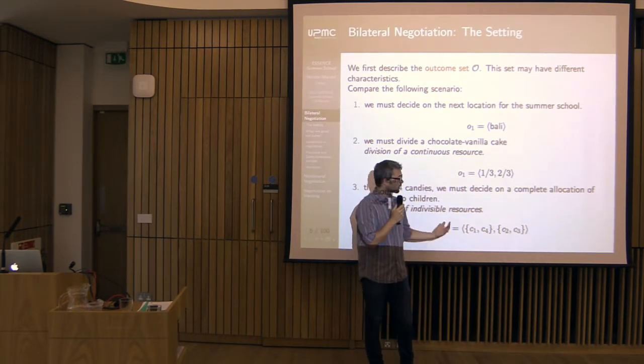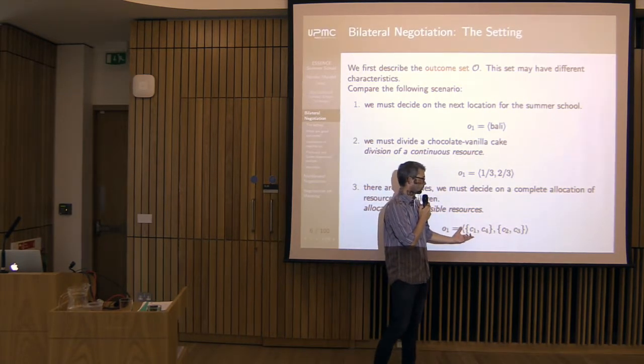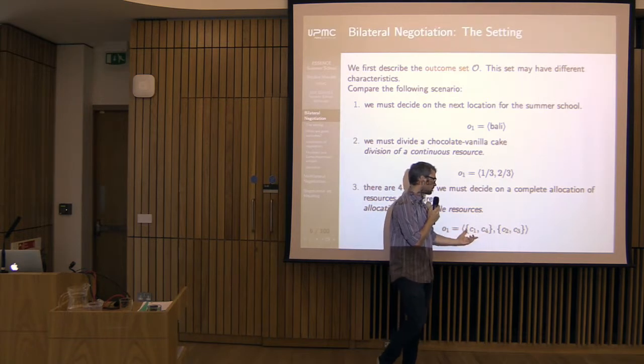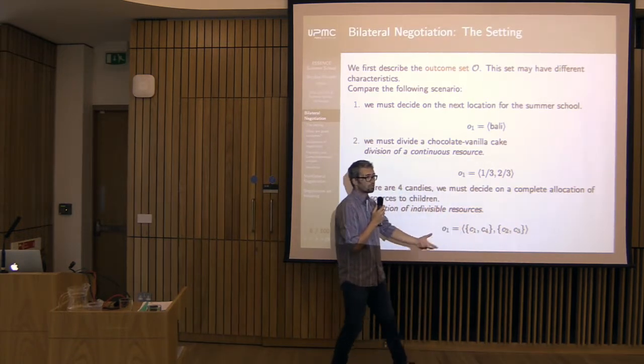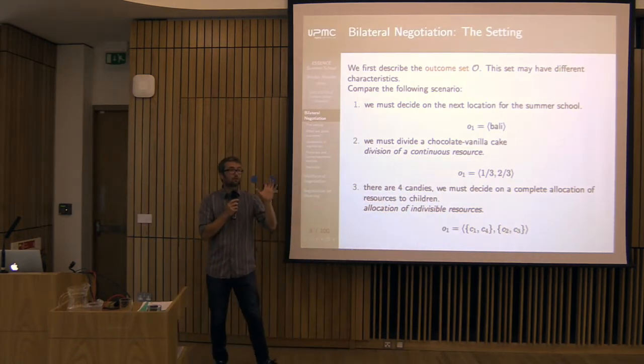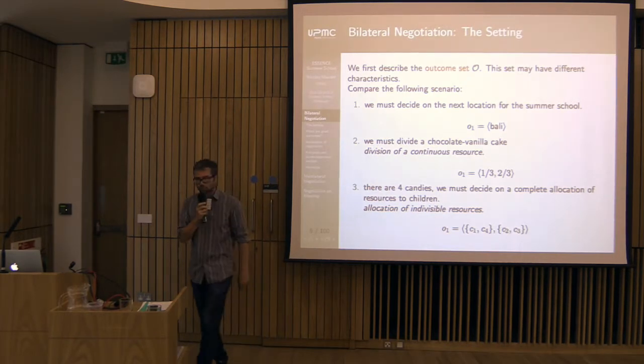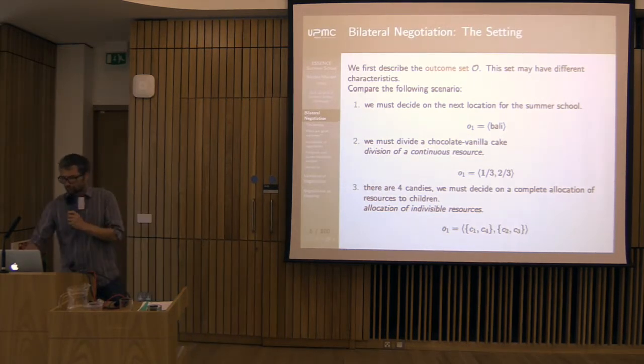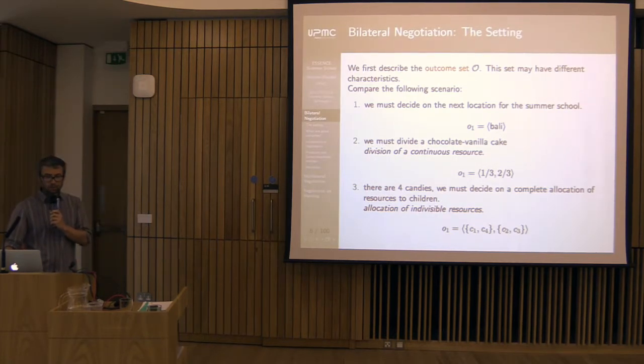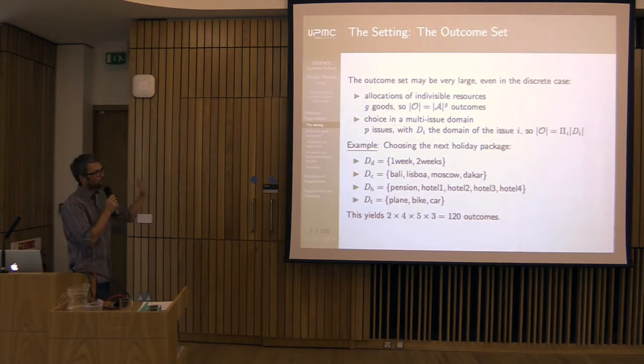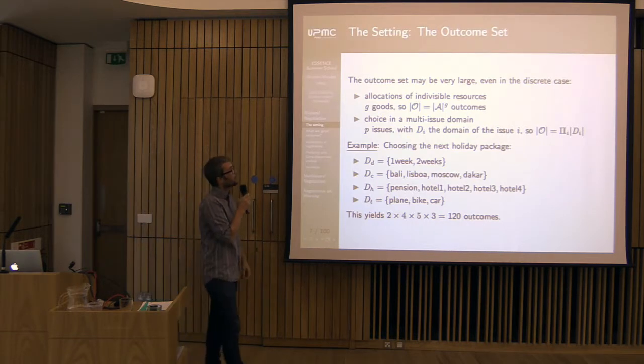Okay? In that case, all the different outcomes are all the ways that you can allocate and divide these non-divisible candies between the two children. Okay, so it can be very different, and it will make a difference when we talk about the results that we can ensure.